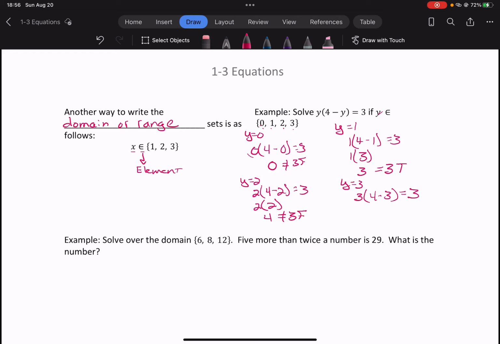Does that equal 3? 4 minus 3 is 1, 3 times 1 is 3. 3 does equal 3. That is also true. So the solution is the set containing 1 and 3. Let me make those little braces on the end.